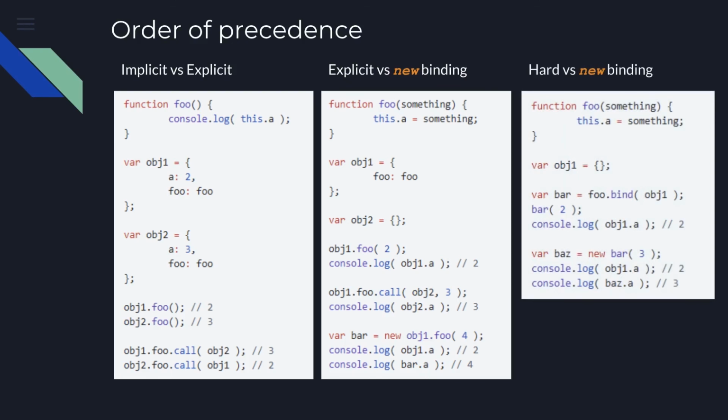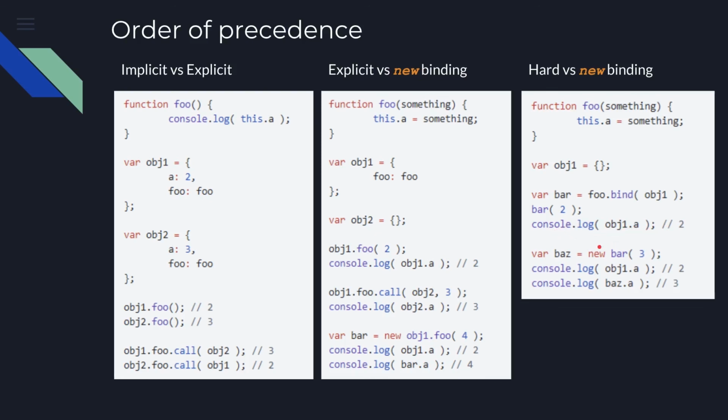And we have hard versus new binding. For this, let's analyze this code also. We take our foo function, we do hard binding on object1, and we execute our bar function, and obj1.a is 2.